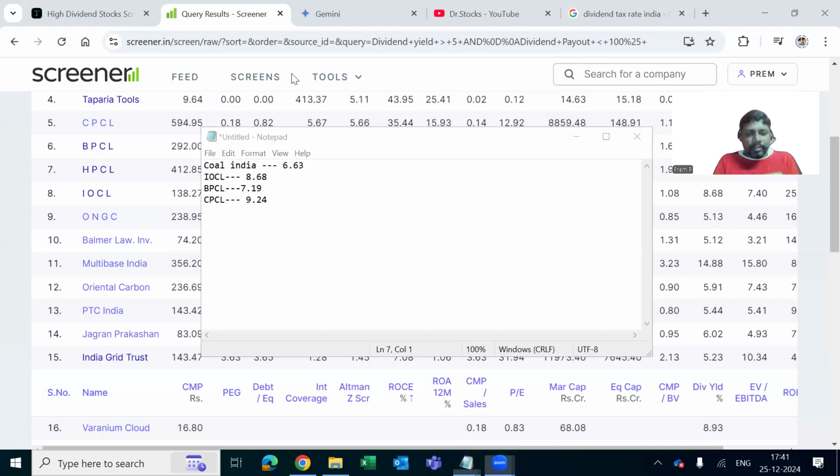Okay, divided by the stock price, which for CPCL is 595 now. That gives 182 stocks.